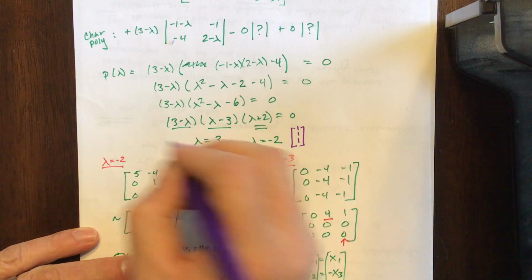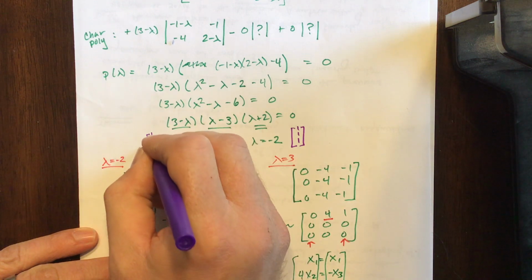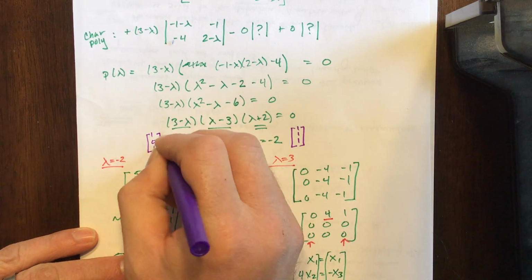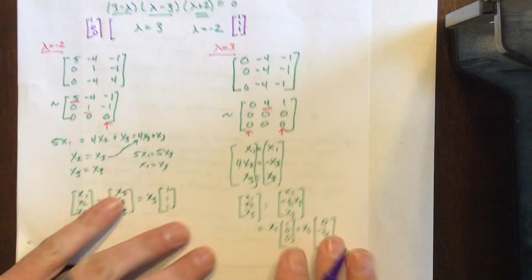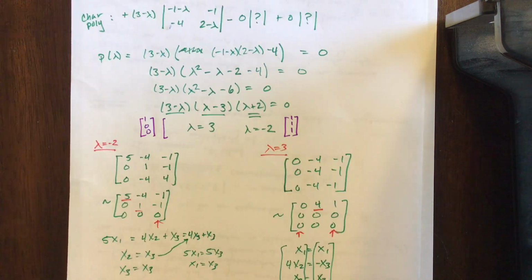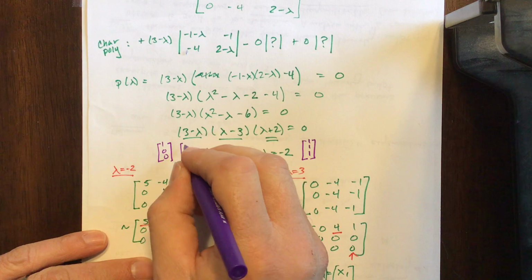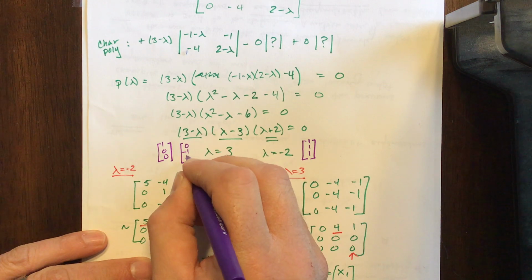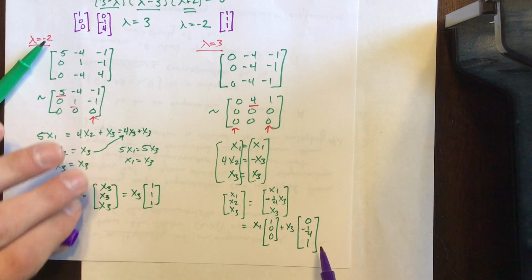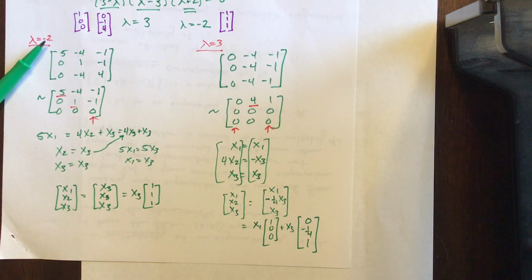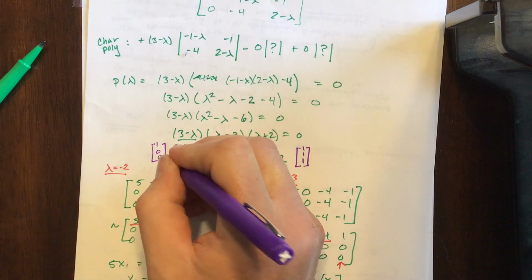The vectors are 1, 0, 0, and I'll clear the fraction right here. 0, -1, and 4. Again, I'm just multiplying this vector by 4 so that I don't have -1/4 in the middle term.